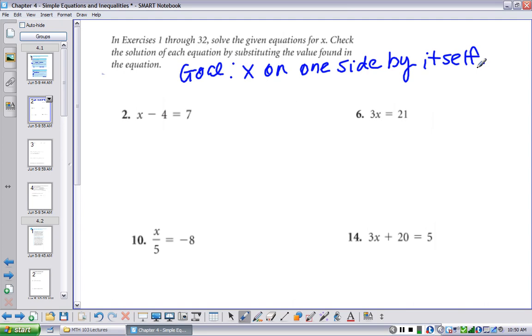And to do that, we're going to have to reverse some things that are being done. Here we have x minus 4 equals 7. Well, I have a minus 4 on that left-hand side. And the only way I can get rid of it is to do the opposite. So instead of subtracting 4, I'm going to add 4 to both sides. So x will be, because negative 4 plus 4 is 0, x is going to be 11.